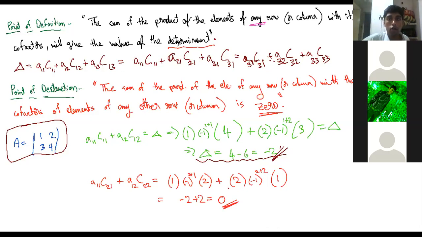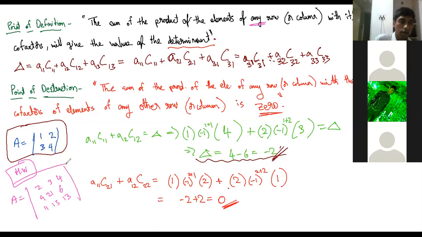Homework, all of you take down homework. Homework is you do it for 3 by 3 matrix: 2, 3, 4, 9, 21, 6, 11, 15, 13. All of you can take this down as homework. You try for this matrix. Okay, you can just make the value simpler. Instead of 21, make it 2. You can make it 5. Do it so that you are convinced. ठीक है अविंशु? हाँ sir.